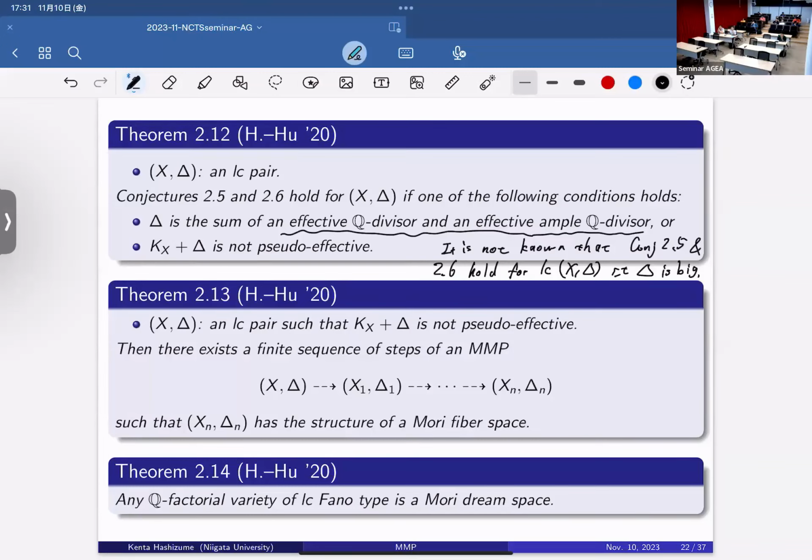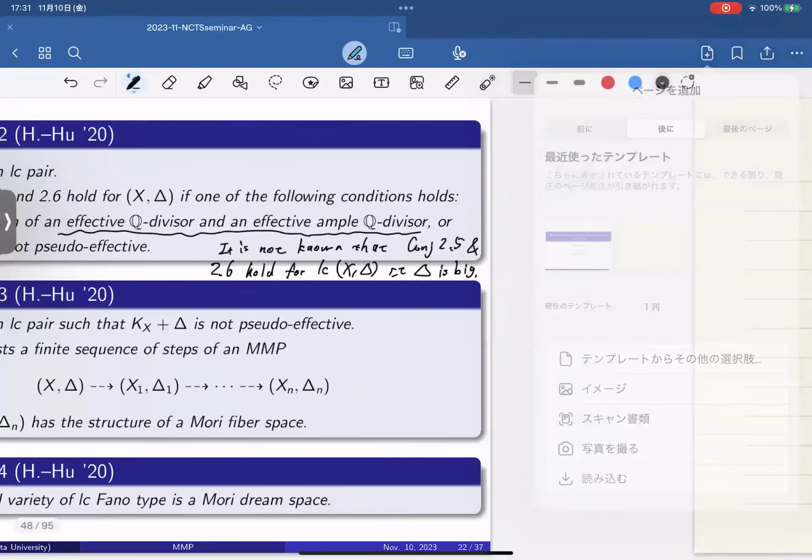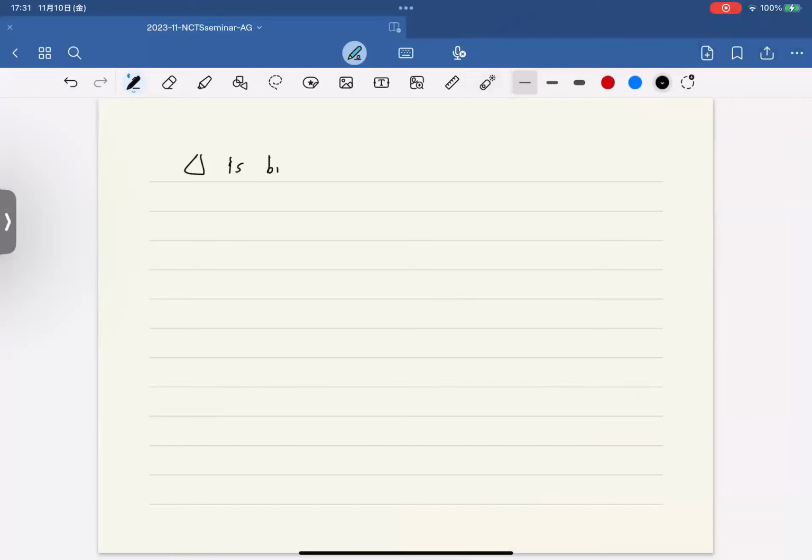Can you remind us what your definition of big is? Yeah, Δ is big if and only if, this is a very similar definition, but such that A is ample, effective, and B is effective.